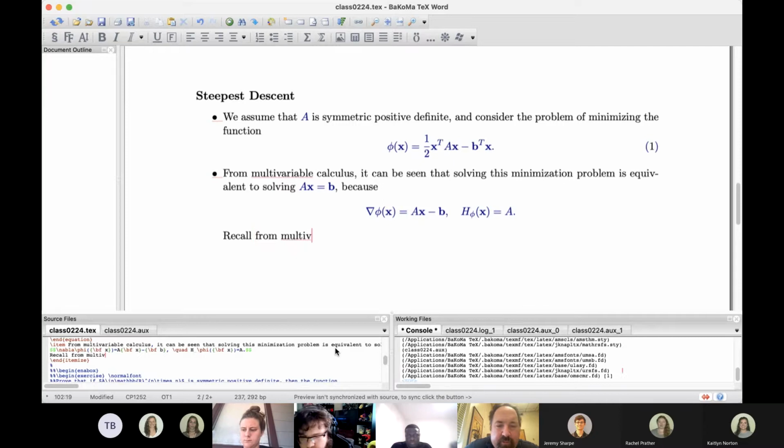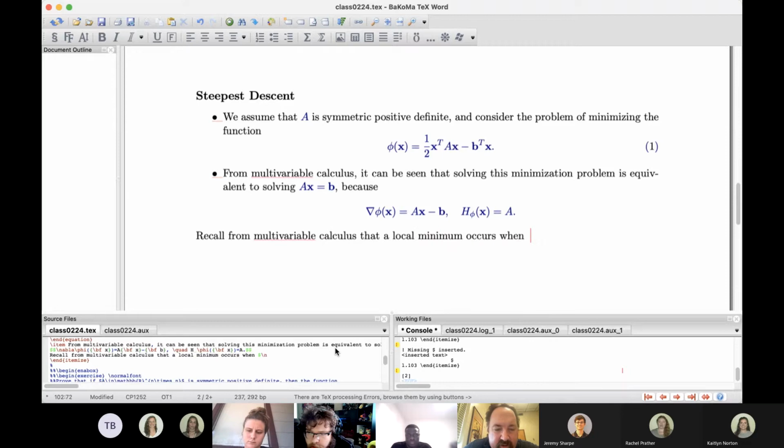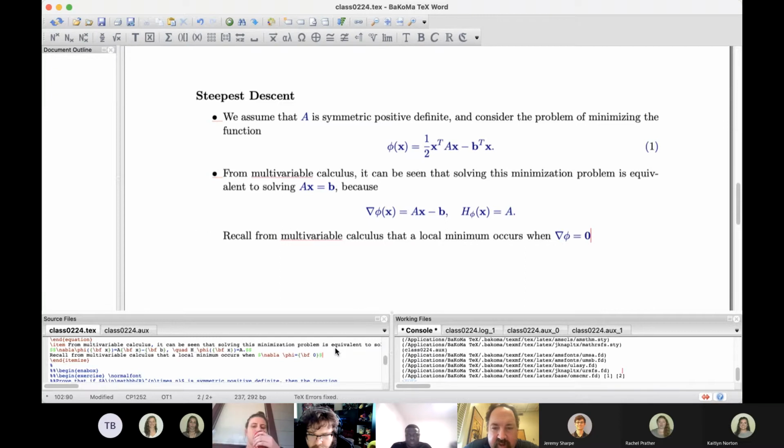So to review your multivariable calculus, because I'm sure it's been a minute since you've taken that: a local minimum occurs when the gradient is 0, or the 0 vector. So Ax equals b.